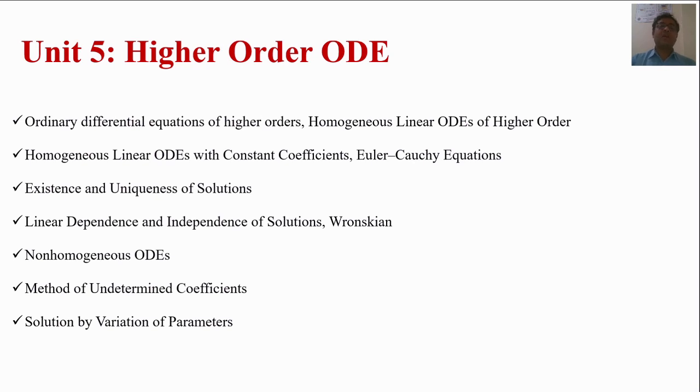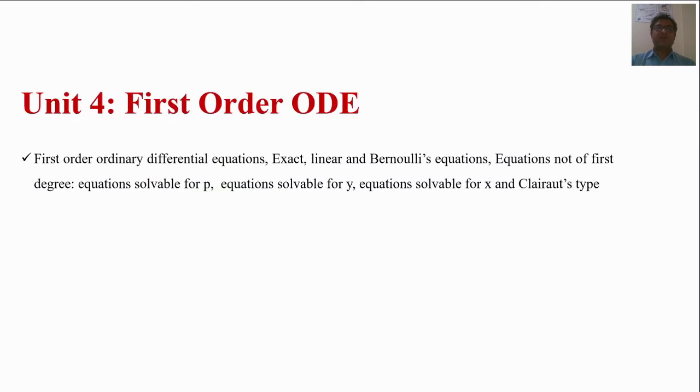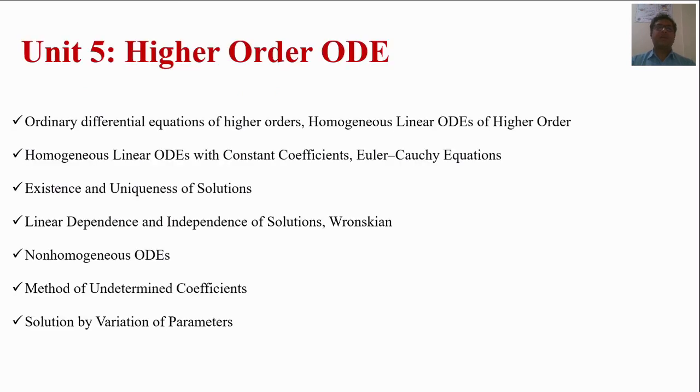Now, in the fifth unit, we will discuss higher order ODE, which stands for higher order ordinary differential equations. Unit number 4 deals with first order. Unit number 5 deals with higher order ordinary differential equations. In this unit we will discuss linear, non-linear, as well as homogeneous and non-homogeneous linear ordinary differential equations of higher orders.